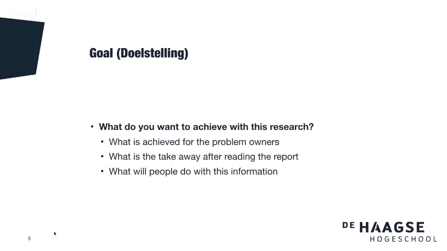And then we have the goal of the research. The goal, the doelstelling, is what you want to get out of this research. And if we go back again to the example about global warming, and you are looking into the reasons for global warming, I don't want you to say that the goal is to know what are the reasons of global warming.